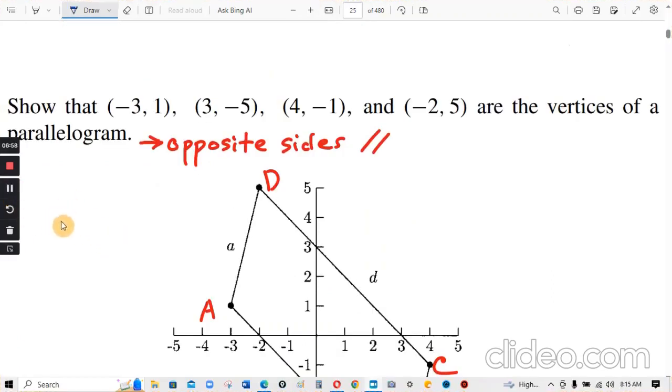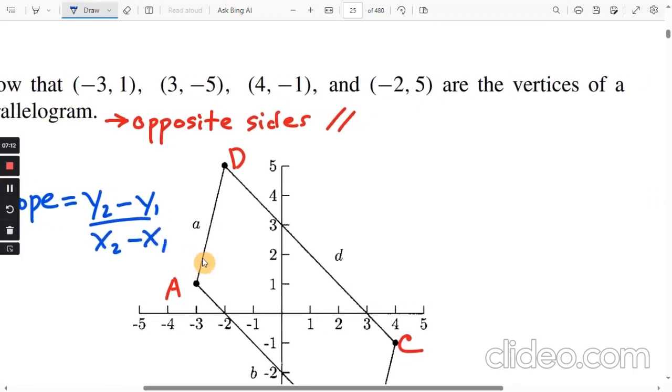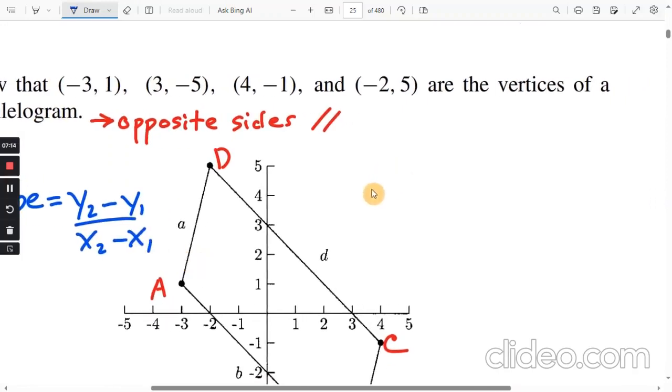Okay, so as always, we are using our slope formula: y2 minus y1 over x2 minus x1. It's a little bit of tedious work here, but it's not too bad. So for the first one, we'll just call it slope 1.